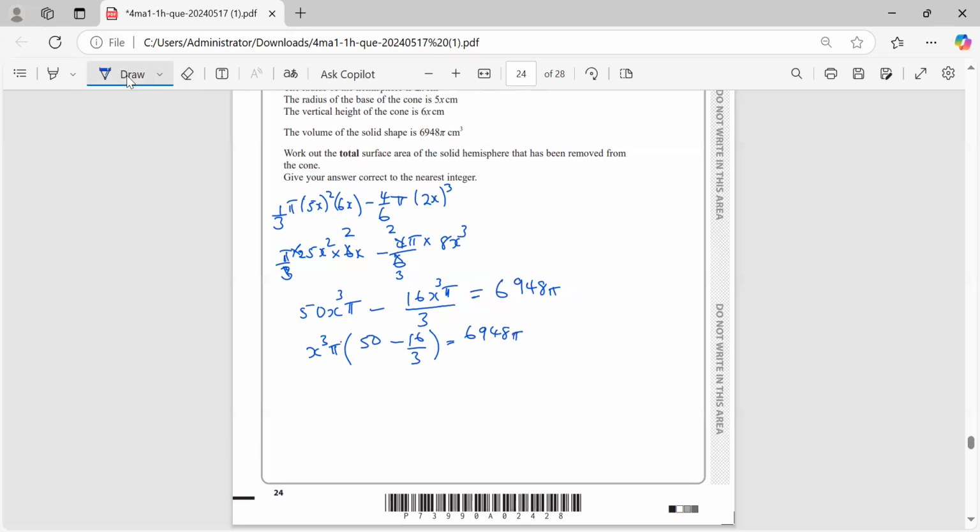So this pi and this pi go away. The value of x cubed is going to be 6,948 divided by 50 minus 16 over 3, all over.